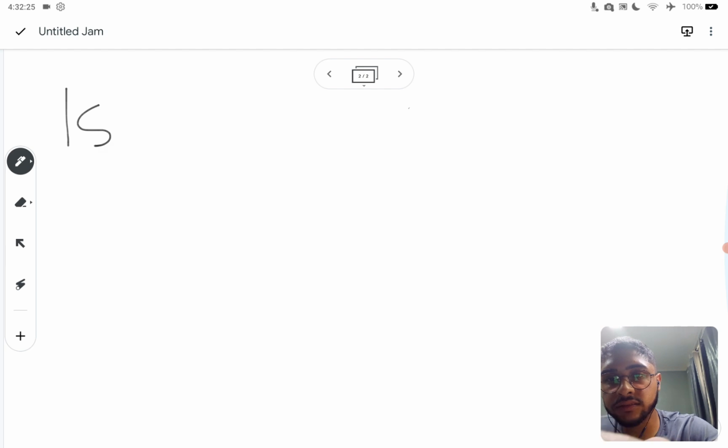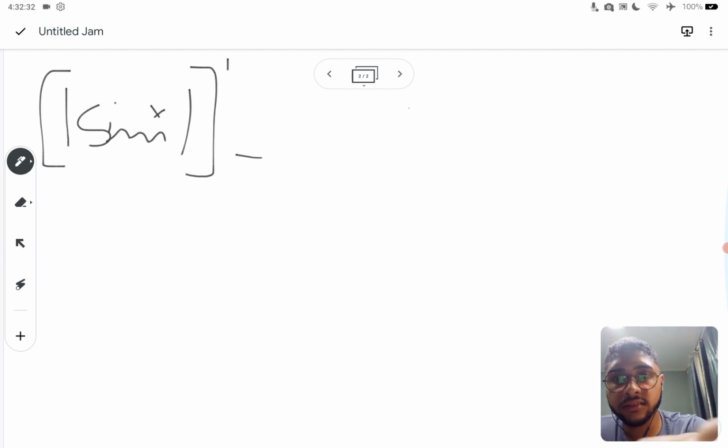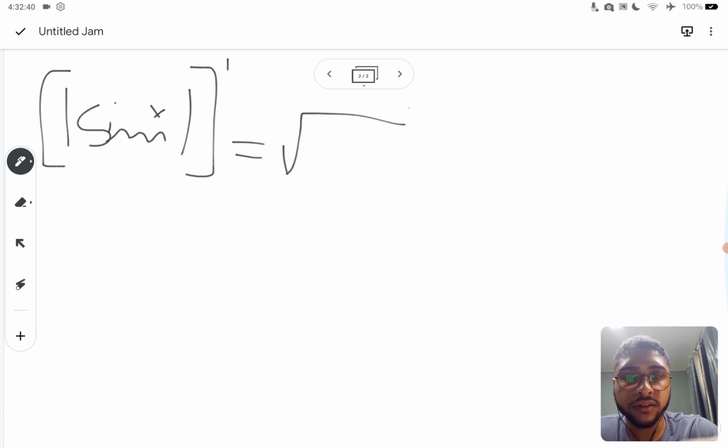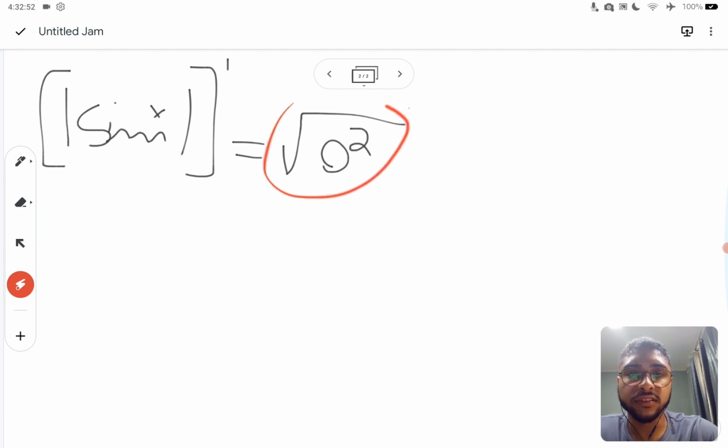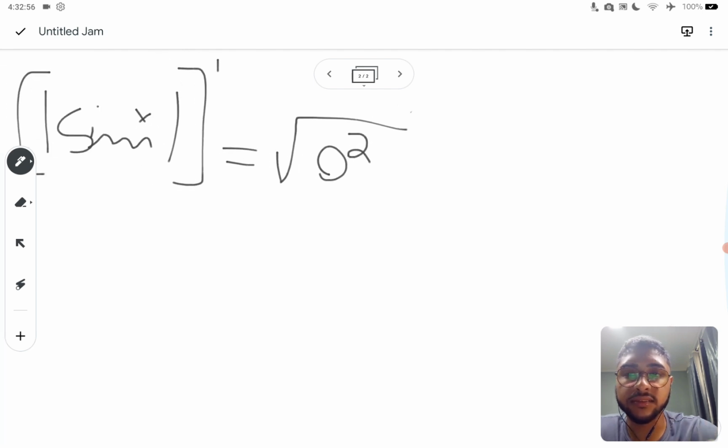Let's see what the derivative of the modulus of sine x would be. We can write the modulus as a function with a square root of a squared. This is the same meaning as the modulus, and we can work with this definition to understand what the derivative would be.